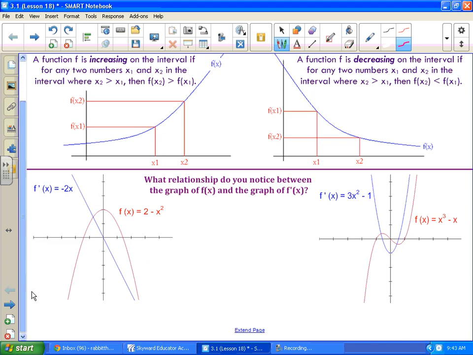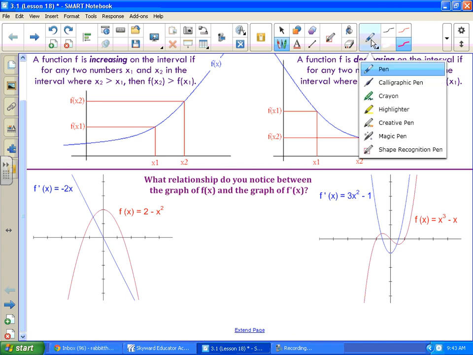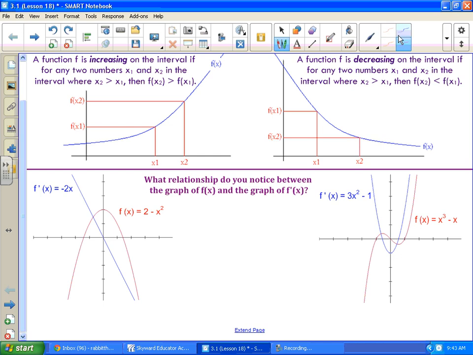Okay? Let's look at the relationship now between the graph of f of x and the graph of the derivative f prime of x. So our f of x is this graph, f prime of x is this graph. Does anyone notice a relationship there? It seems like what's decreasing?